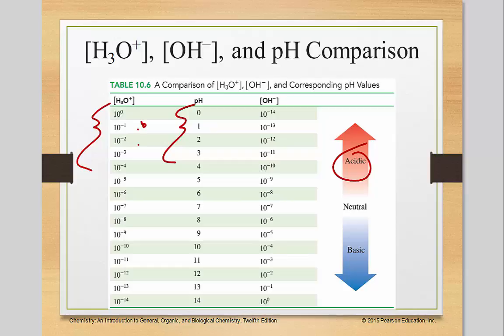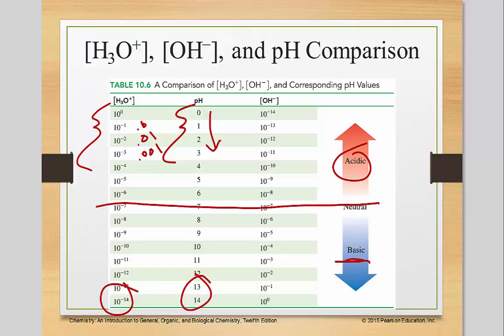Negative 3 is 0.001. So as these numbers get smaller and smaller, the pH is getting bigger. And so once the numbers are really tiny, the pH is fairly large, which is why it's basic. So here's your neutral point. Anything that's less than 7 is acidic. Anything that's greater than 7 is basic.